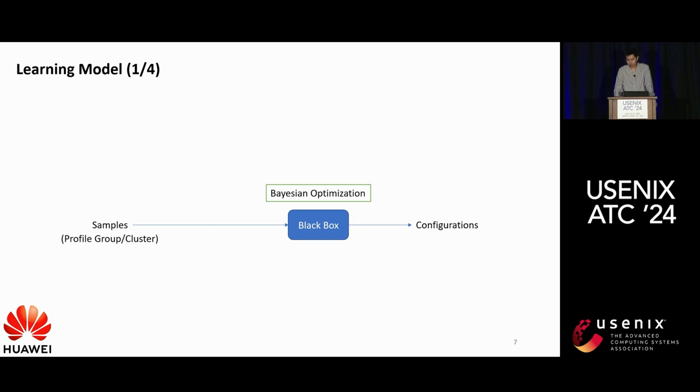We use BO at the granularity of the profile group I just introduced, and we use historical configuration performance to bootstrap the exploration from overlapping profiles. Then there is always a question about the trade-off between exploration and exploitation.